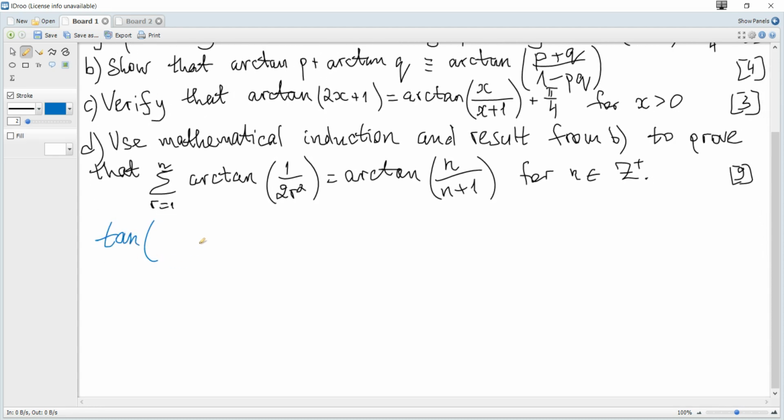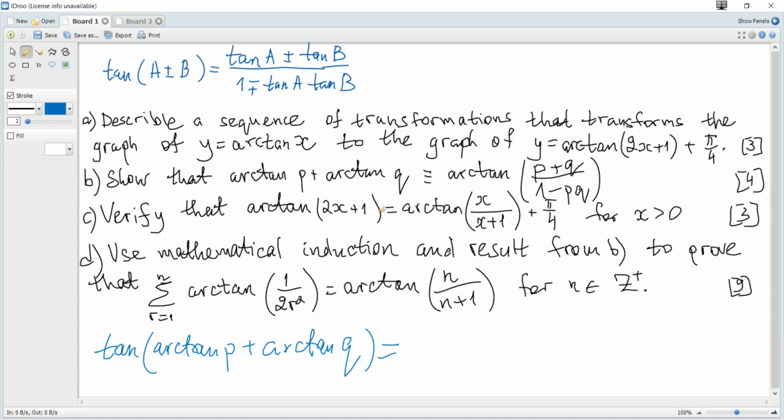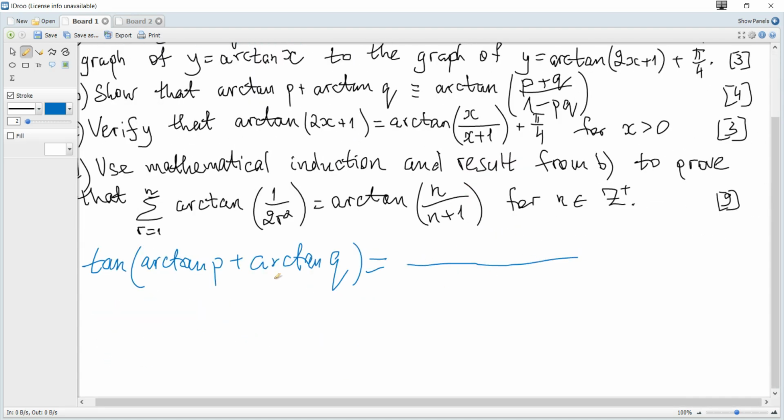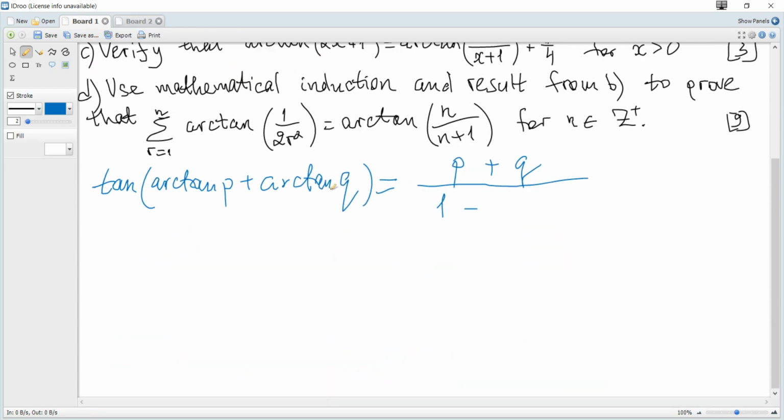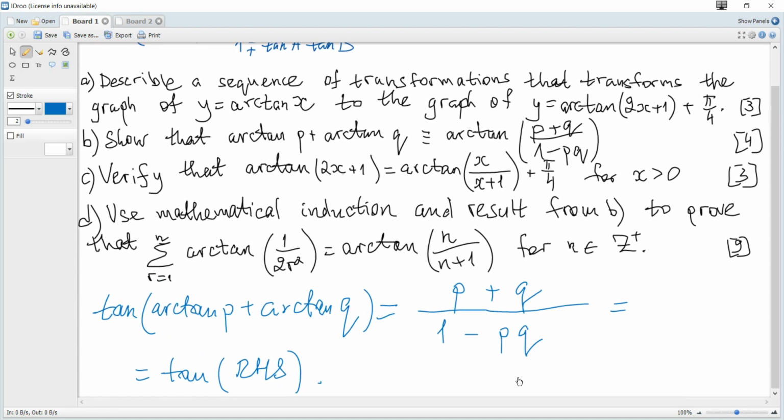So tangent of (arctan P plus arctan Q), and according to this formula it becomes (tangent of arctan P is just P, plus just Q) divided by (1 minus tangent of arctan P times tangent of arctan Q), so it's P and Q, and we can see that it is equal to the tangent of the right hand side, hence it's true.